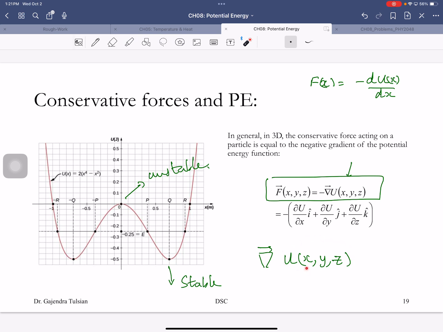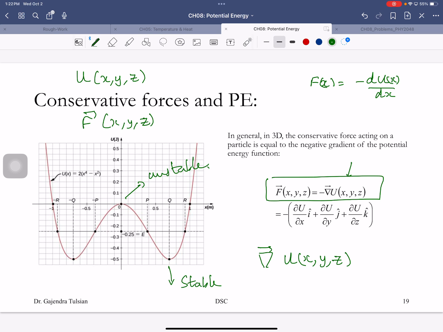Again, this is a scalar valued function. What does that mean? At every location, this function is spitting out a number, a scalar. That's what scalar valued means. This guy is a vector valued function. At every location, it's spitting out a vector.